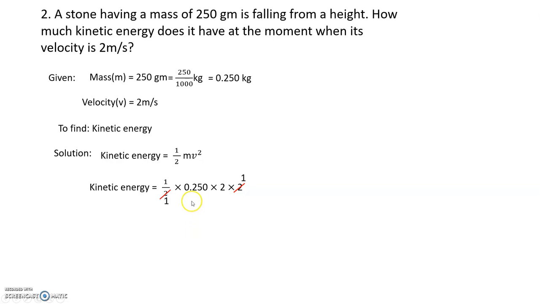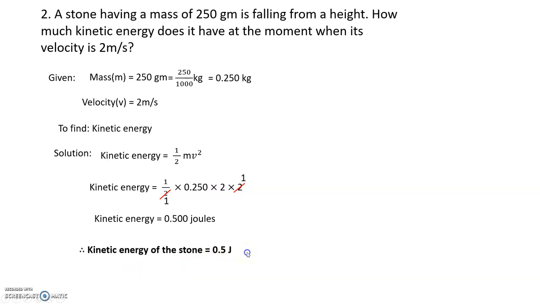And so this will become 0.250 multiplied by 2 multiplied by 1. So kinetic energy will be 0.500 joules. Now this 00 after the decimal point has no value, and so we will write the final step. Therefore, kinetic energy is equal to 0.5 joules.